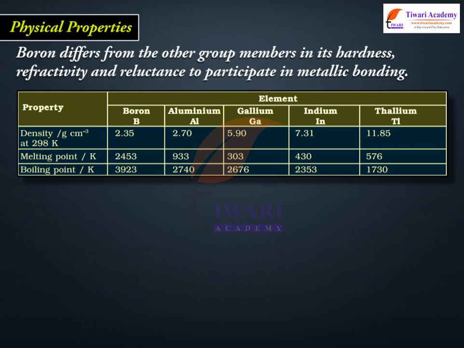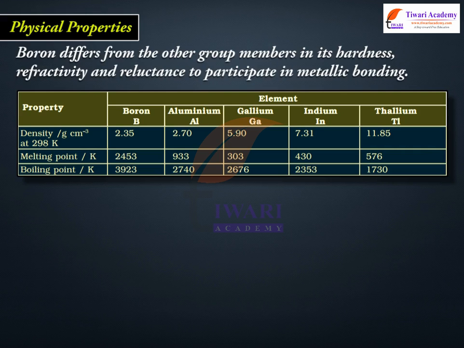Reactivity towards acids and alkalis. Aluminium, being amphoteric in nature, reacts with both mineral acids and aqueous alkalis. Aluminium dissolves in dilute HCl and liberates dihydrogen. 2Al solid plus 6HCl aqueous give 2Al3+ aqueous plus 6Cl- aqueous plus 3H2 gas.